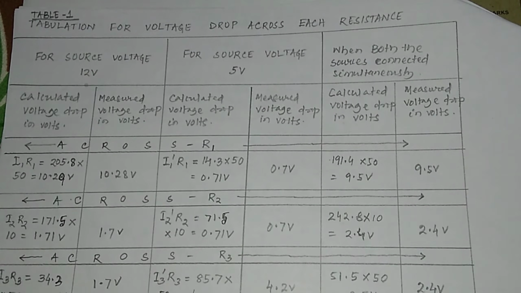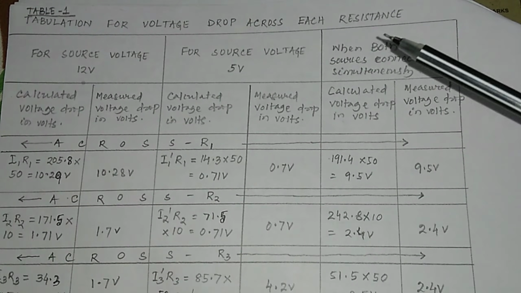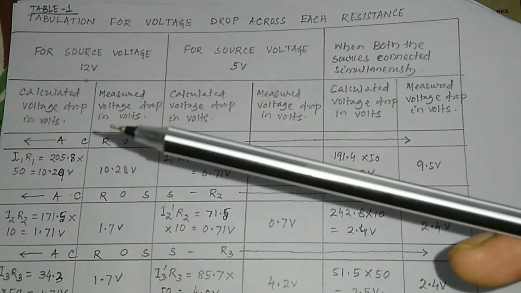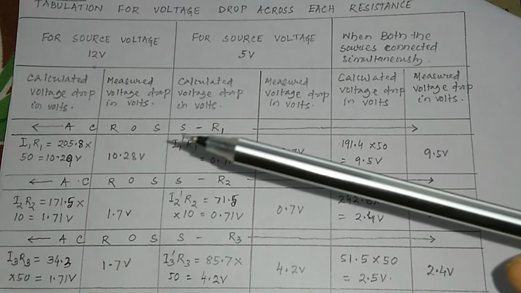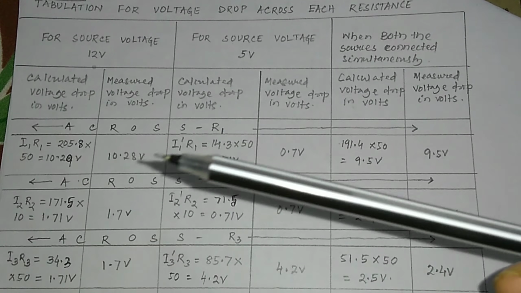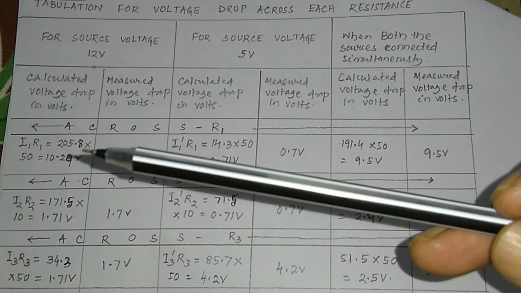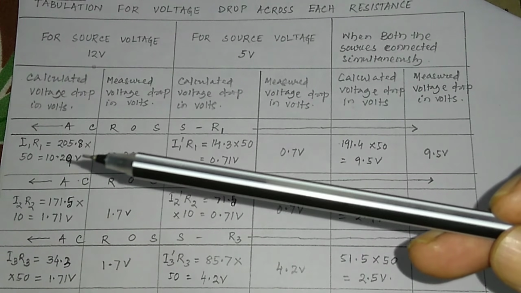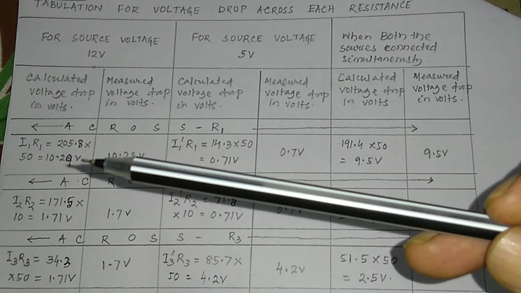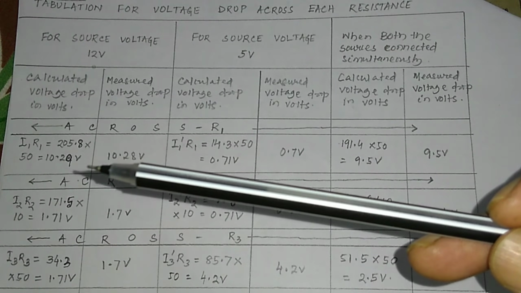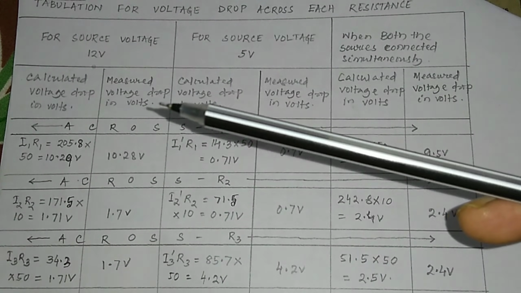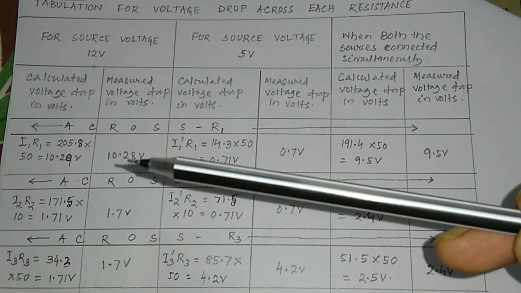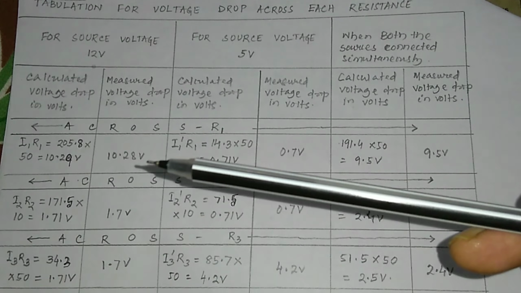And this is the tabulation for the voltage drop across each resistance. For the source voltage 12 volt, the calculated value across R1 will be I1 into R1. I1 is 205.8 milliampere, R1 is 50 ohm, so it will be 10.29 volt. This is the measured value across R1, the same, 10.28 volt.